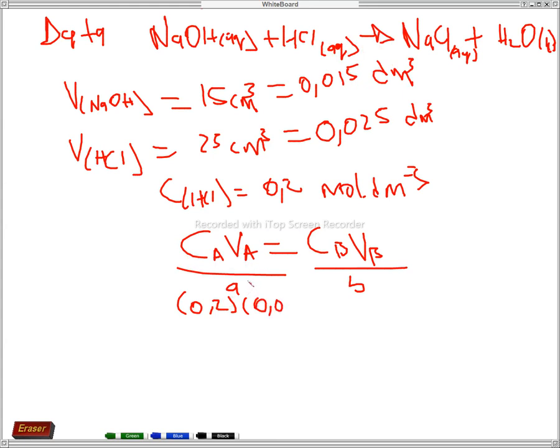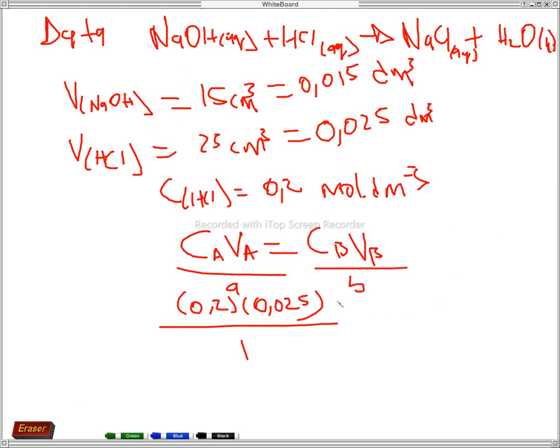It's going to be 0.025 divided by, I'm just going to divide it by 1 since there's nothing on my equation there. The stoichiometric coefficient is 1, you understand?